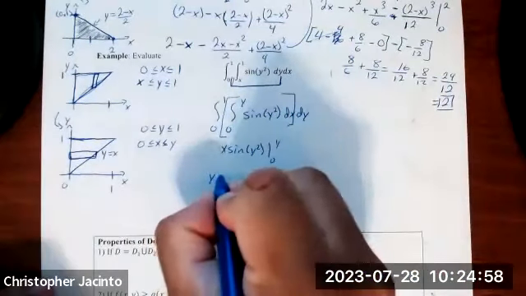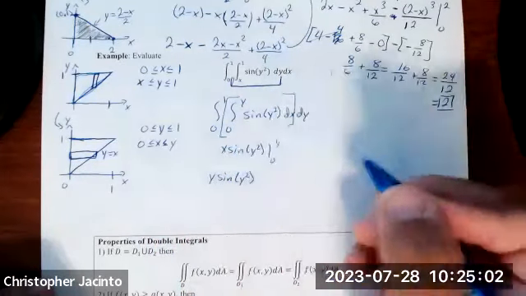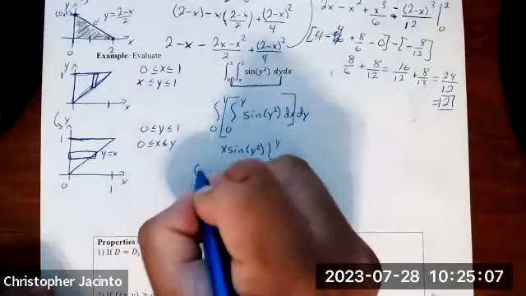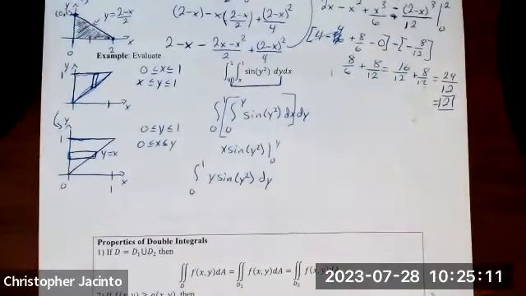And this is going to be y sine of y squared minus 0, because sine of 0 is 0. Well, now notice I can integrate that with respect to y, because I have my du on the outside. Perfect.